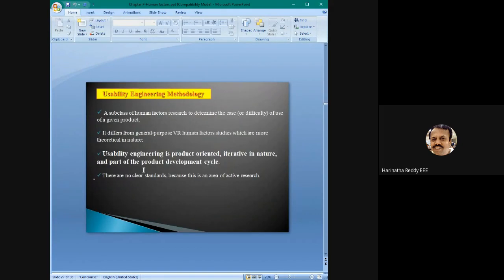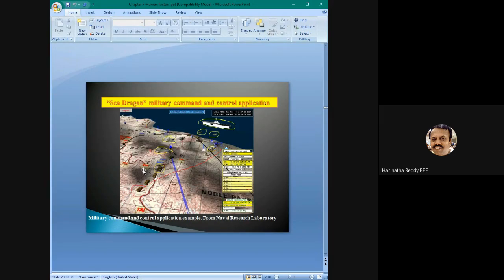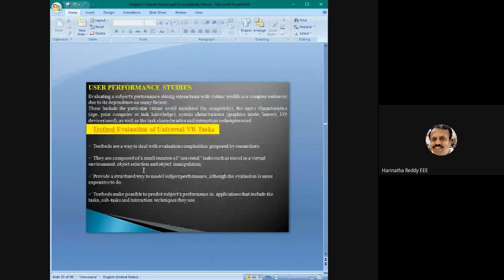So today we discuss usability engineering method. I think this also we have discussed. So in the previous class we discussed human factor studies and usability engineering methodology.